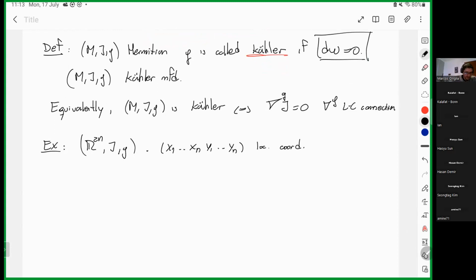Then we have the basis of our tangent space.